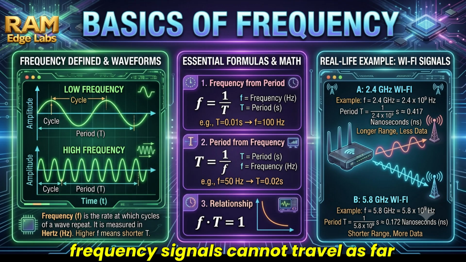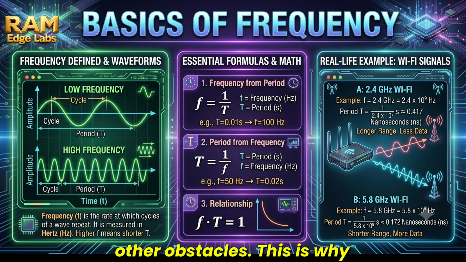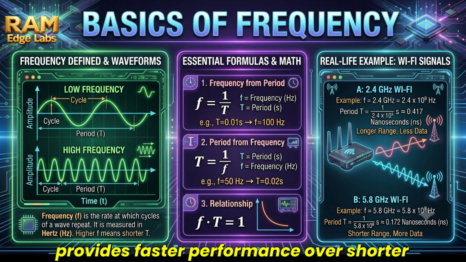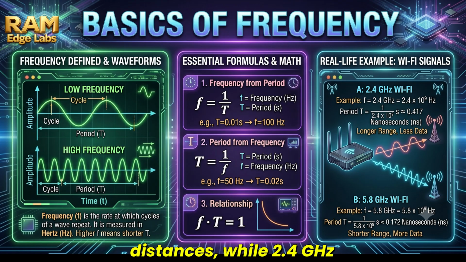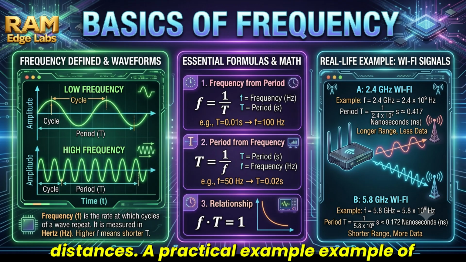However, higher frequency signals cannot travel as far and are more easily blocked by walls and other obstacles. This is why 5.8 GHz Wi-Fi usually provides faster performance over shorter distances, while 2.4 GHz Wi-Fi offers better coverage over longer distances.